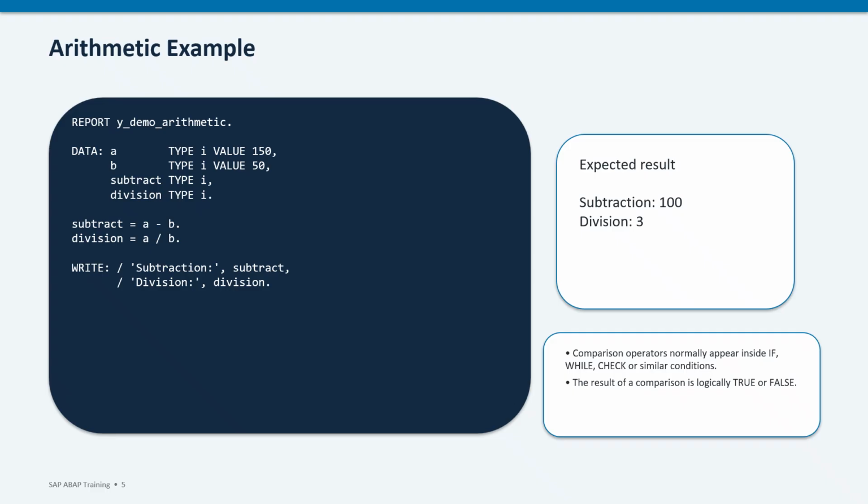In the output we get subtraction 100 and division 150 by 50, which is 3. Arithmetic operators work this way anywhere, not only in ABAP but in any other programming language.